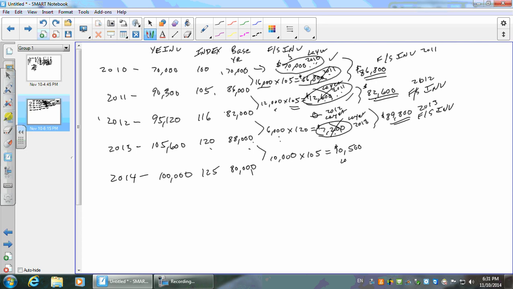So now this is my layer from 2011, that's all that's left of it. Everybody see that? So now what do I have? I've got 70,000 from the base year, right? How much do I have from any other years? Just 10,000 here, right? 70 plus 10 is the 80 we're at, so just the 10.5.